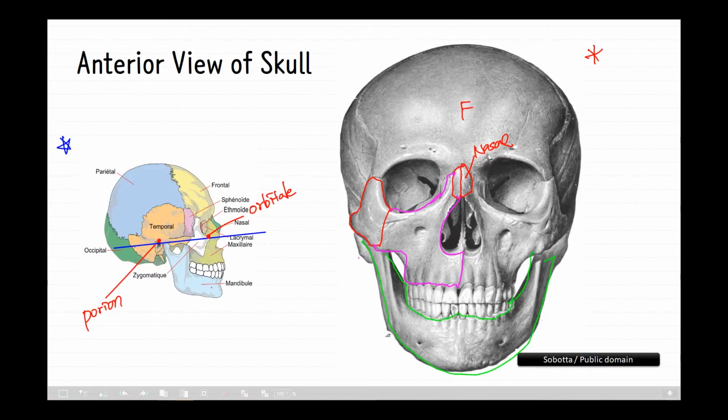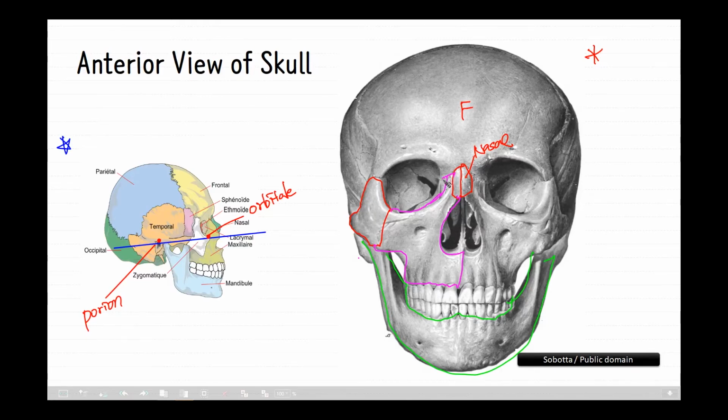These 5 bones primarily occupy the anterior aspect of the skull, and some small portions can be seen in this picture of sphenoid, temporal, lacrimal, ethmoid, and palatine. We can find these bones in this picture.